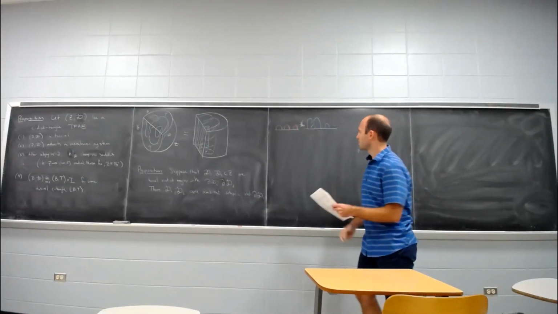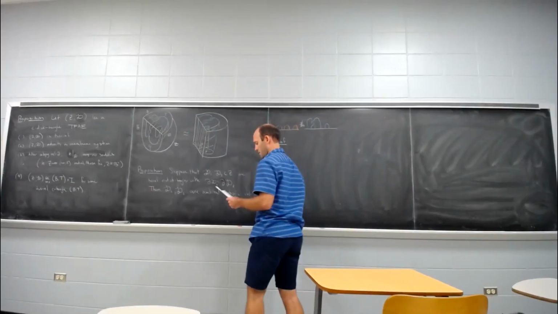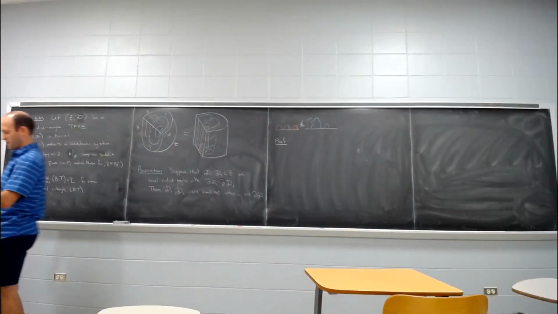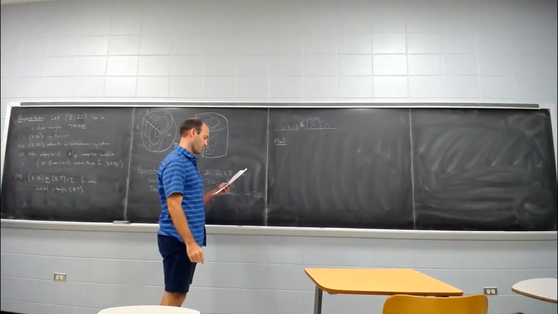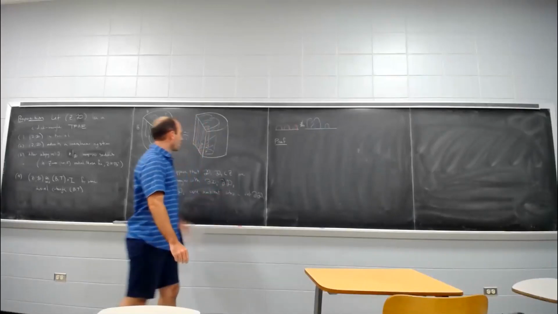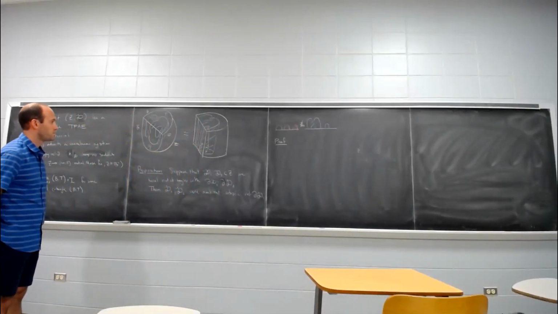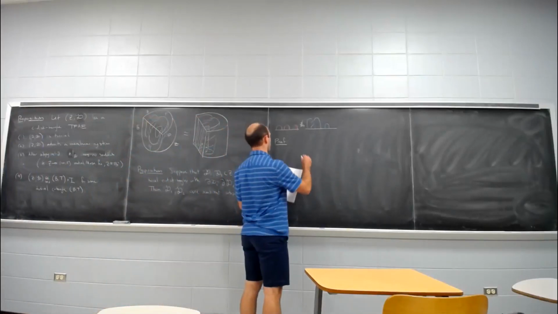Okay, so let's look at the proof of this. I debated how much to talk about this, but well, let's do it. It might seem quite familiar. All right. So we're going to try to do this three-dimensionally to the extent that we can.